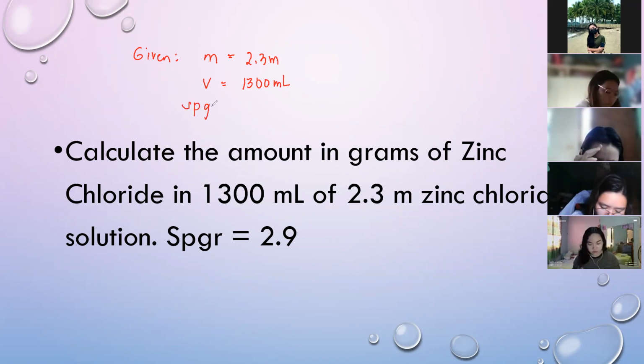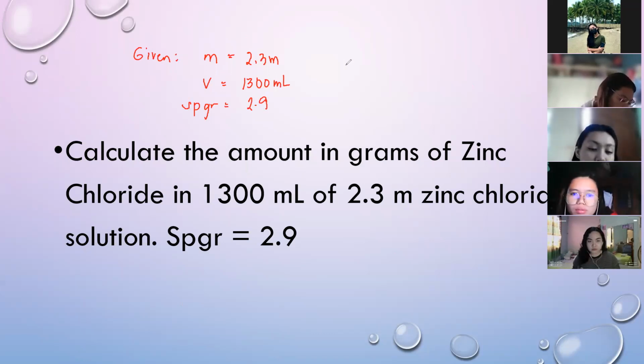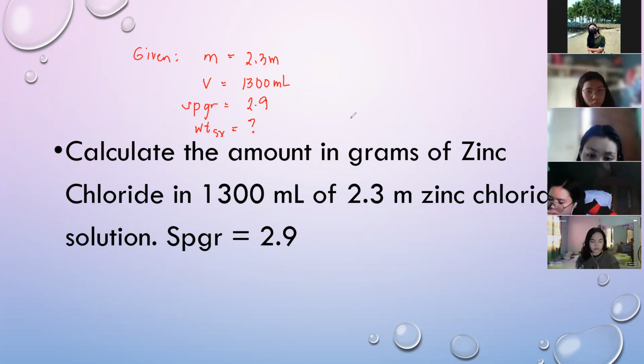And then, given yung specific gravity ng ating zinc chloride, which is 2.9, we don't have unit though for the specific gravity. And what is asked in the problem is the amount in grams. So this is the weight of the sample. So pabaliktad itong problem na ito, class. Okay? So what are we going to do?